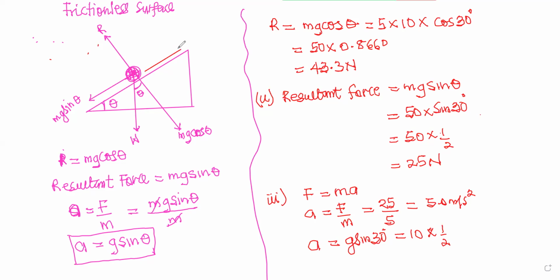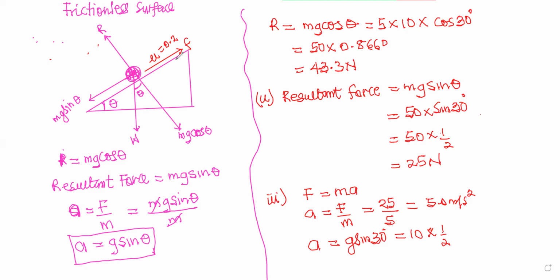So the same set of questions, but we are told that the coefficient of static friction on the surface is 0.2. So that's the only modification. This time around, there is friction on the surface.